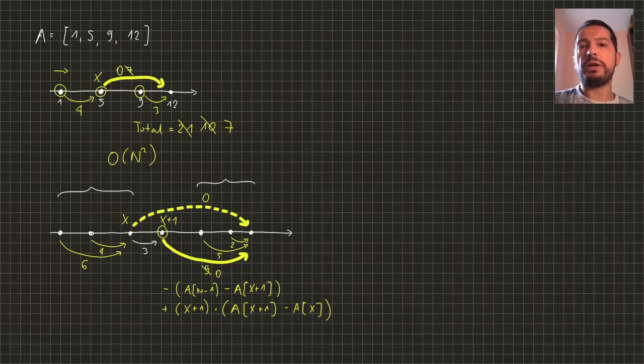So if we iterate over all candidates for the motorway from left to right, we can update the cost of constructing a candidate in constant time. So overall, this solution will have linear time complexity.